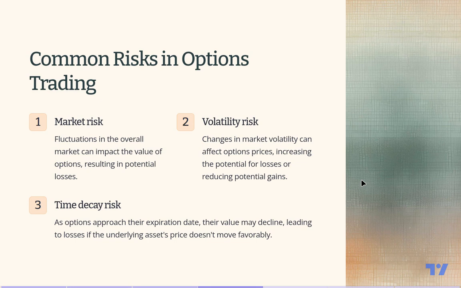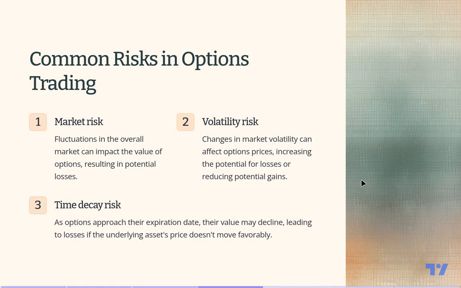Now, common risks in options trading. Number one, you need to know that there is a market risk. There are fluctuations in the overall market, and that can impact the value of options. You need to know these top three common risks in options trading.